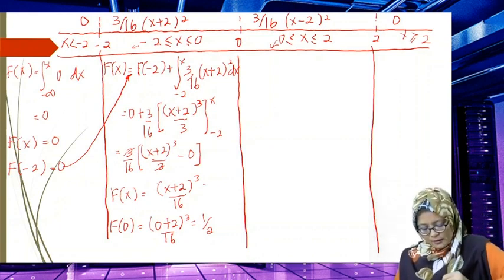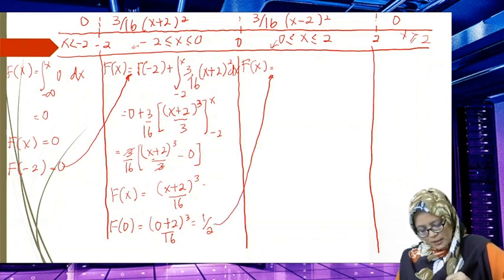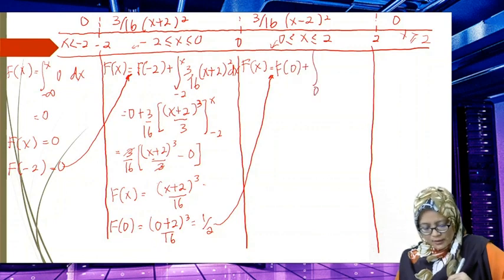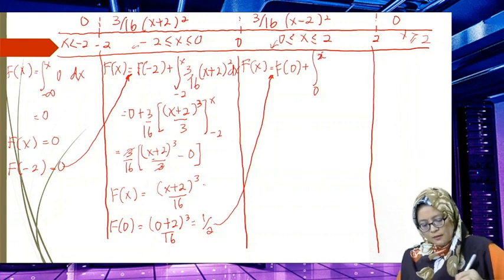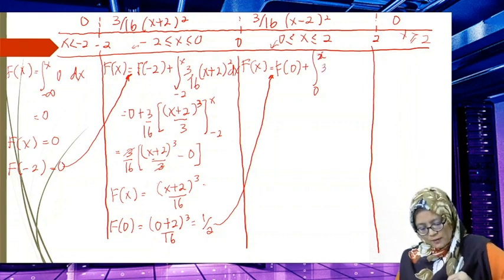Okay, so third interval. This value goes here. So this is f(0) plus the integral from 0 until x of the function 3/16 x minus 2 square dx.